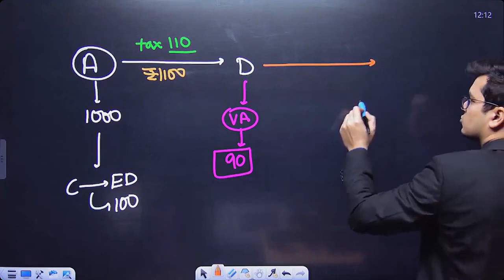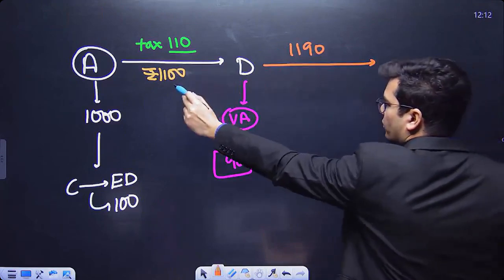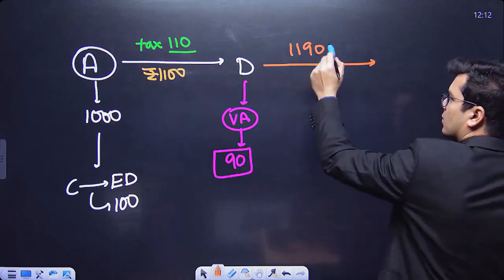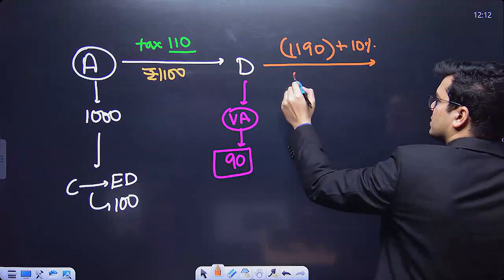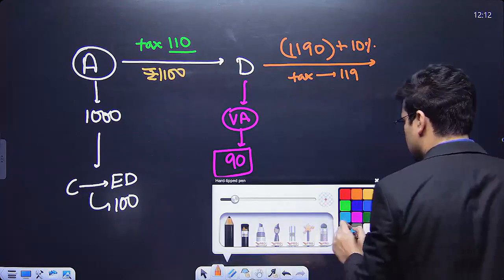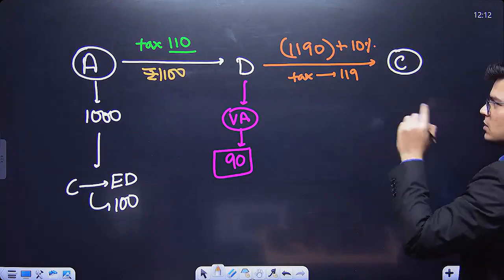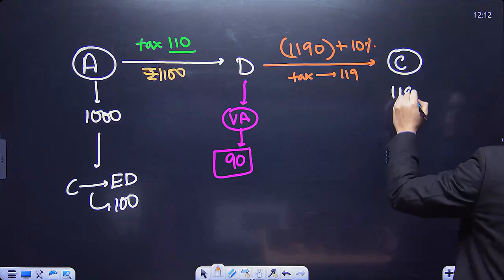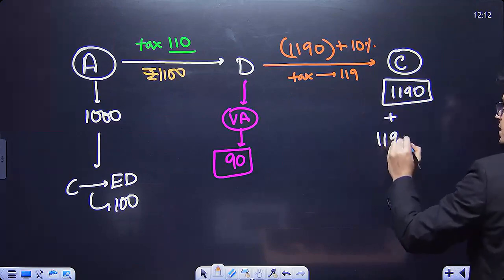Distributor then sells this to consumer at 1190, value of input plus value added, 1190 plus 10%. So tax here is 119. Consumer pays in this case 1190, which is value plus 119 tax.